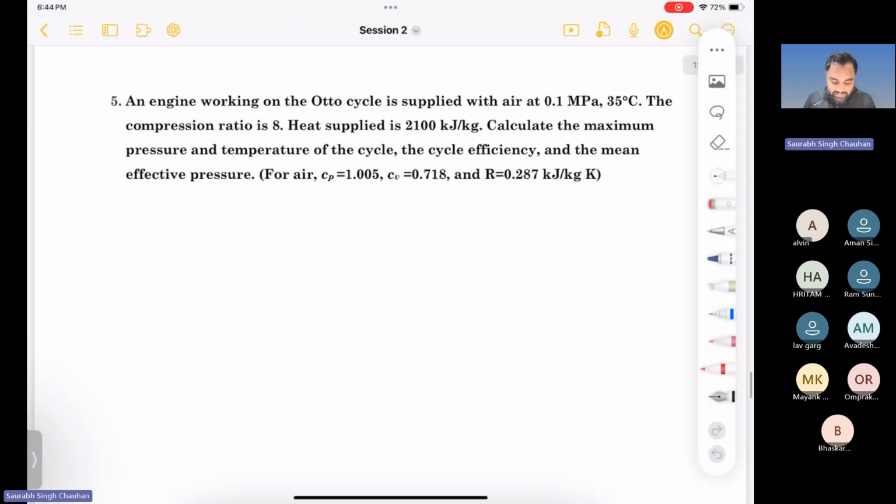Again, this is a numerical. An engine working on an Otto cycle is supplied with air at 0.1 megapascal, 35 degrees Celsius. Compression ratio is 8. Heat supplied is 2100 kilojoule per kg. And we have to find the maximum pressure and temperature of the cycle, cycle efficiency, and the mean effective pressure.